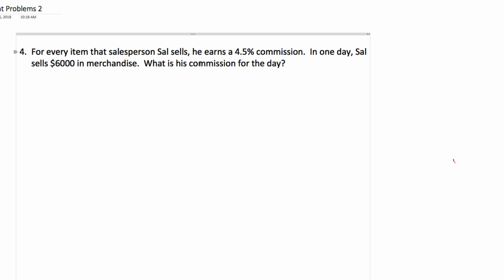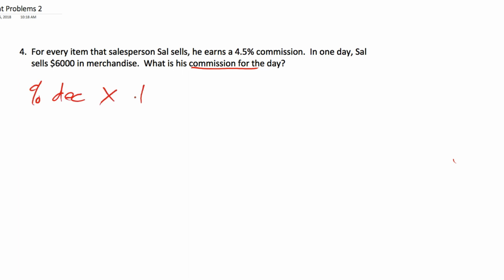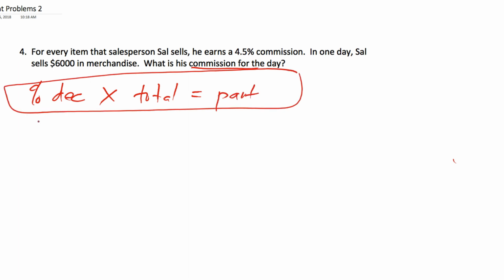So we're told here in one day Sal sells $6,000 in merchandise. So what is his commission for the day? So this time let's use the formula percentage as a decimal multiplied by total equals part, or I could set this up as a proportion if you prefer. We have our percentage, which is 0.045.